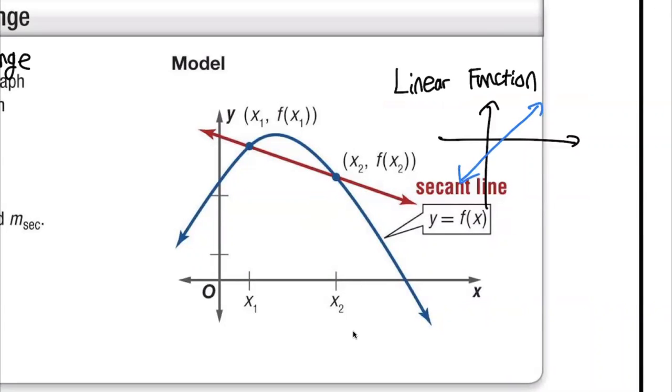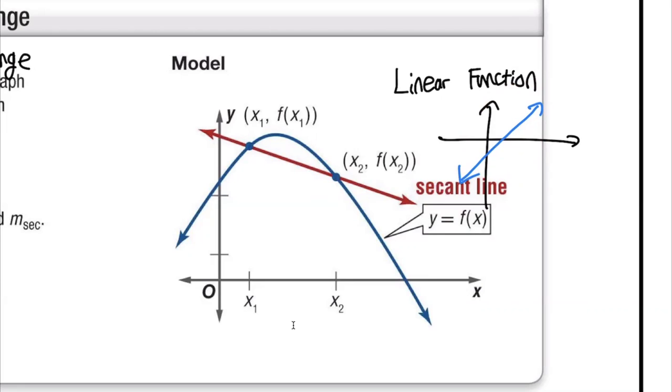The rate of change at this point, at this point, at this point, they are all the same. Why? Because the rate of change is change in y over change in x, right? For linear functions, the change in both x and y are constant. That's why the rate of change does not differ.